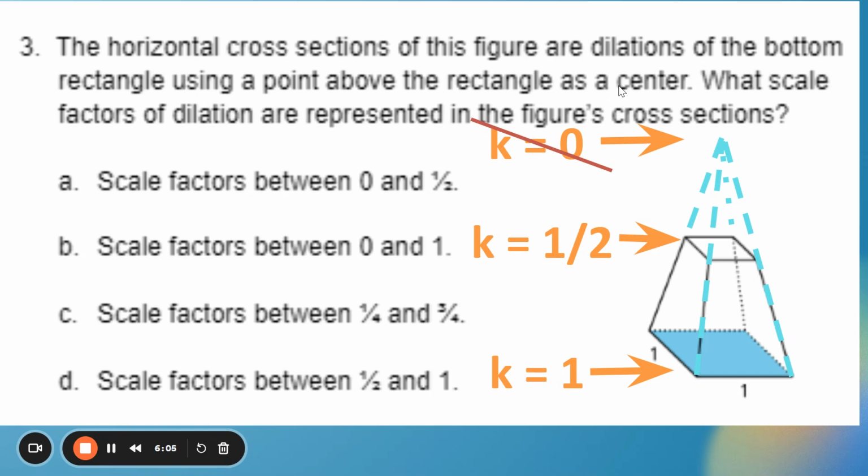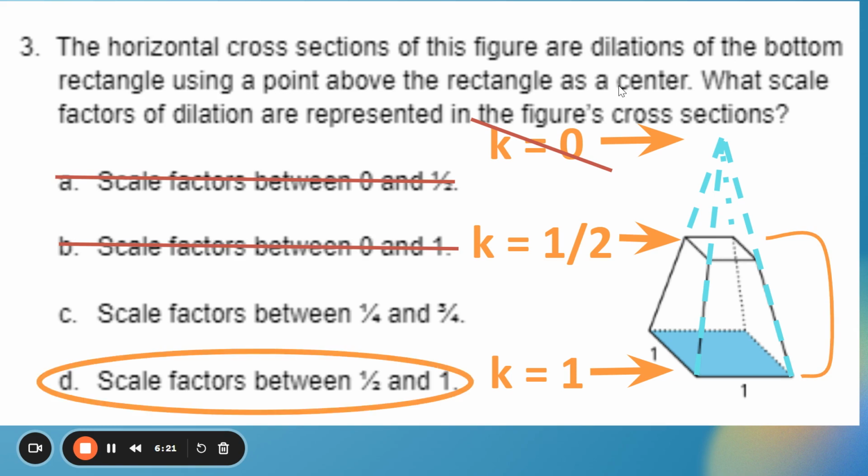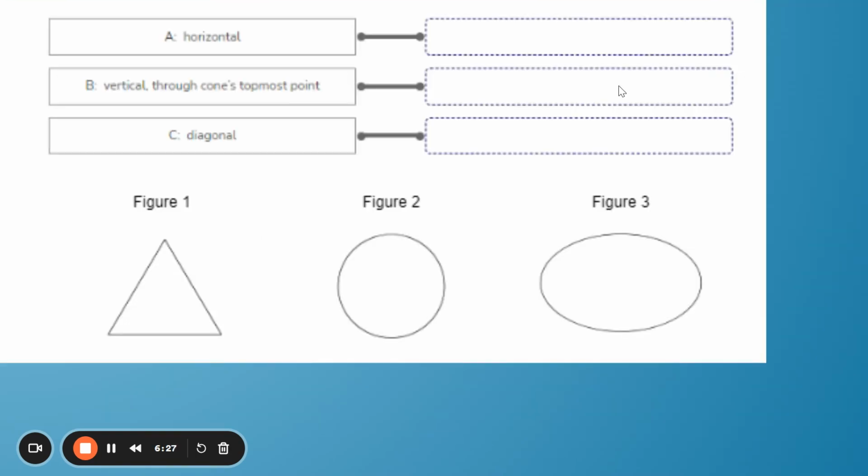We had to fill that in to visualize our scale factor of 0. So anything with a 0, we can go ahead and cross out. In the next part, if we look at what we do have from about 1 to a half, that would be question D, or answer D. And let's go on to the next one.